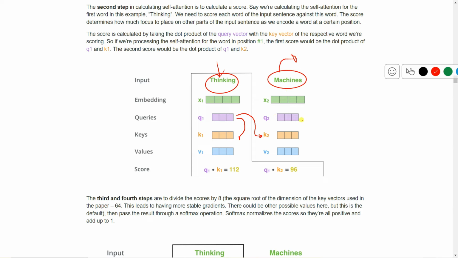That means q2 cross k2 and q2 cross k1, right? Now we calculated for "thinking": q1 and k1 give the value 112, and the other gives 96.